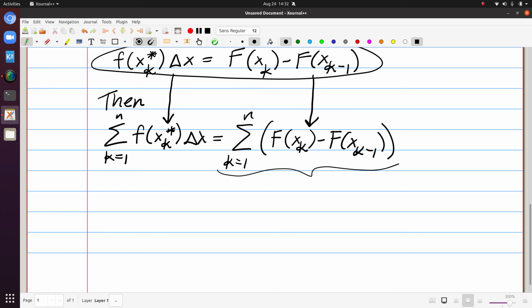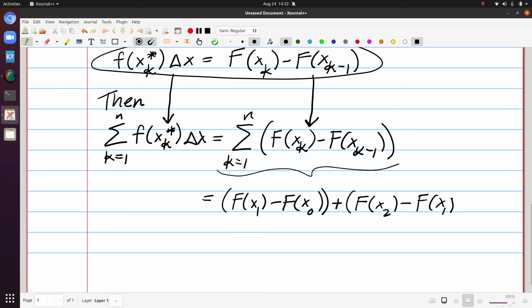Let's actually write out the terms to see what happens. So when I plug in k equals 1, this gives me f of x1 minus f of x0. The next term, when k is 2, I get f of x2 minus f of x1. When k is 3, we get f of x3 minus f of x2.